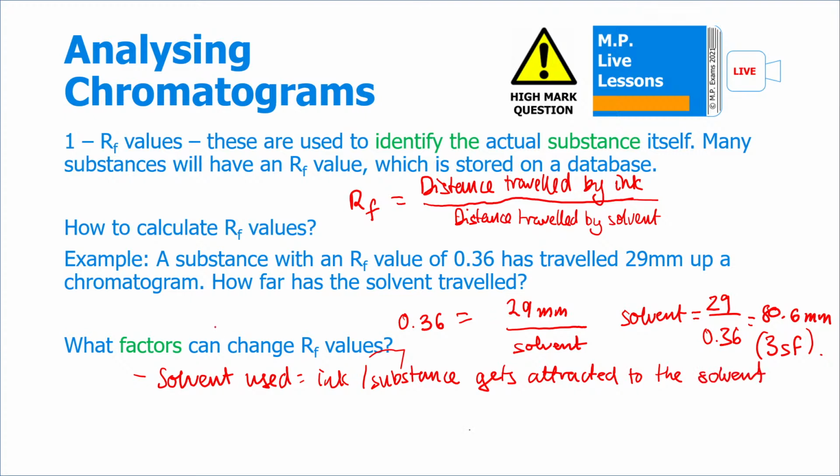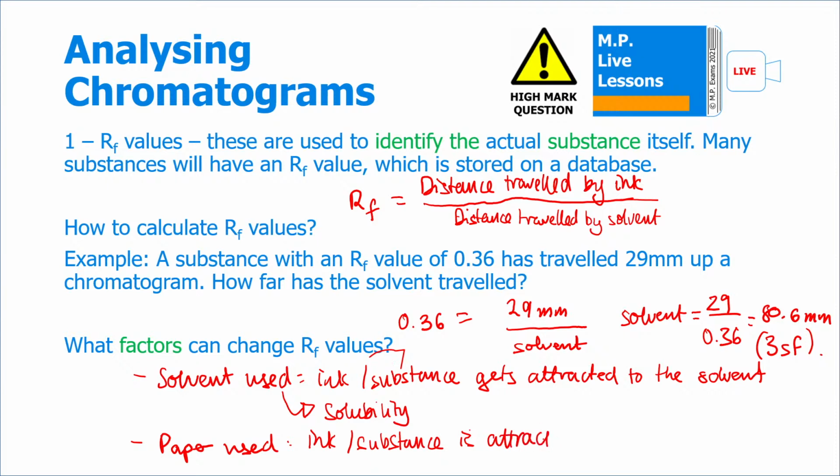You could also link this to the solubility of the ink or substance, as in how much does it dissolve inside the solvent. You could also say the paper used as well, because the ink or substance is attracted to some extent to the paper.